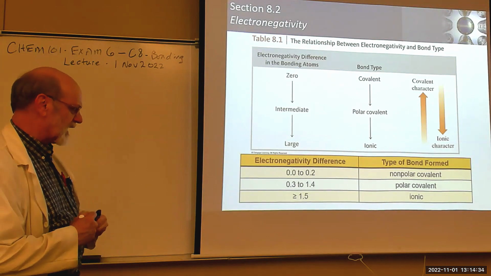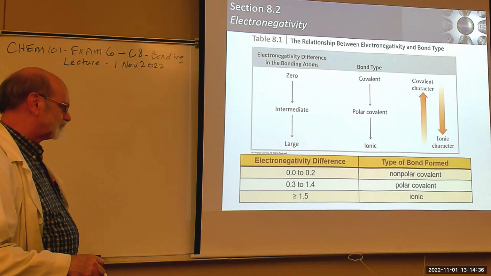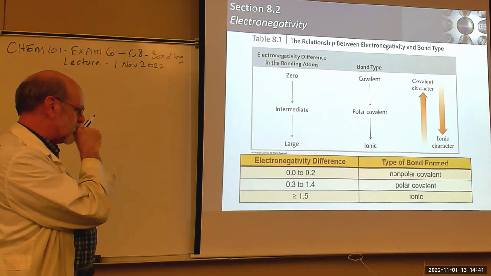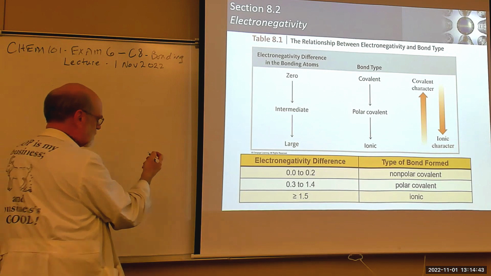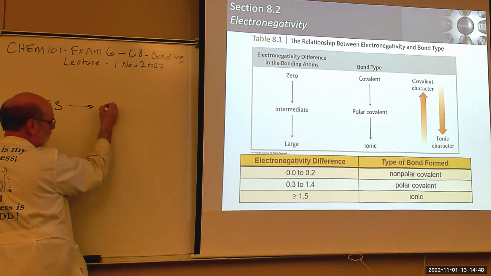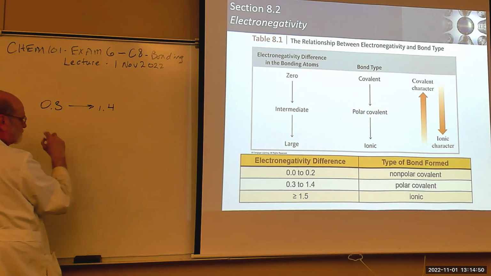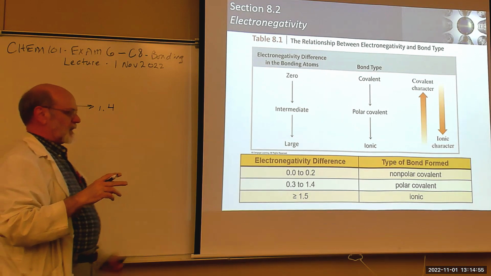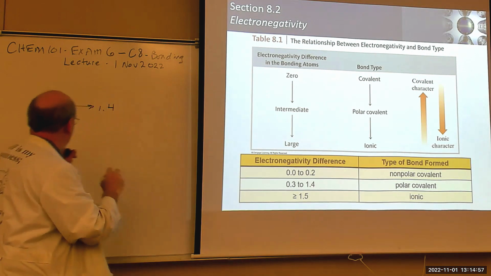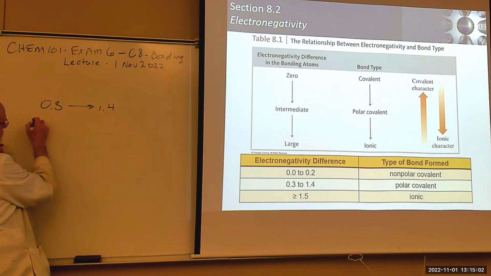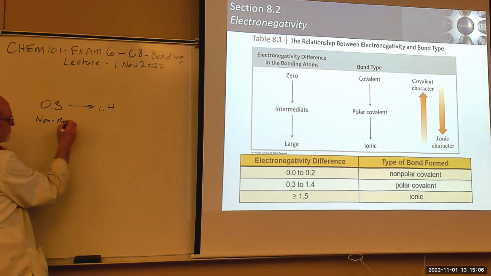Now there's one that I left out in here. I think it's this middle one, where we go from 0.3 to 1.4 difference. We're saying it's polar covalent. But that is for non-metal, non-metal.